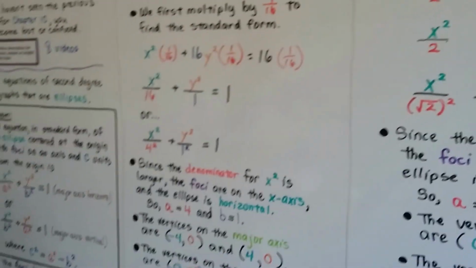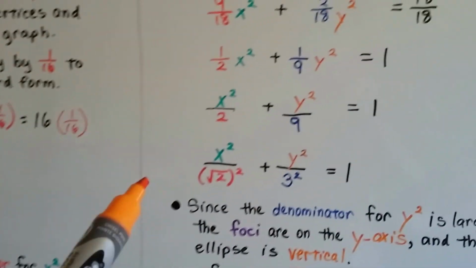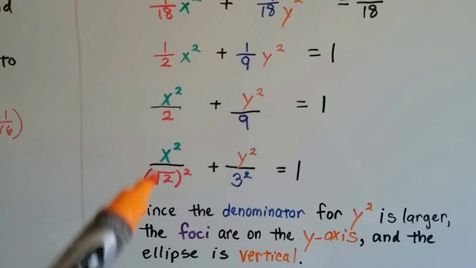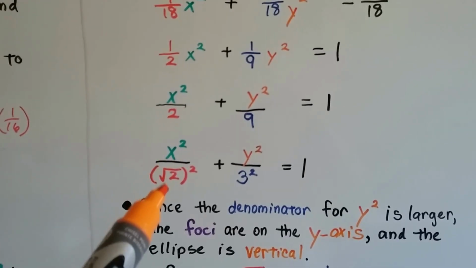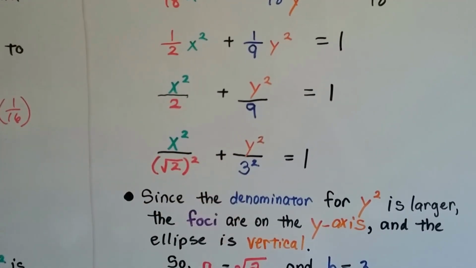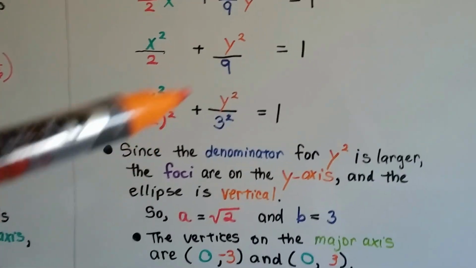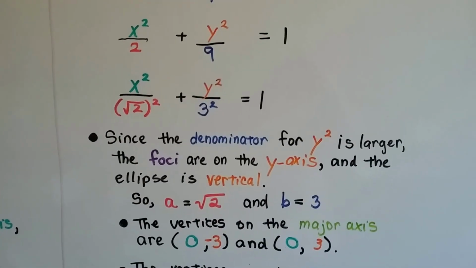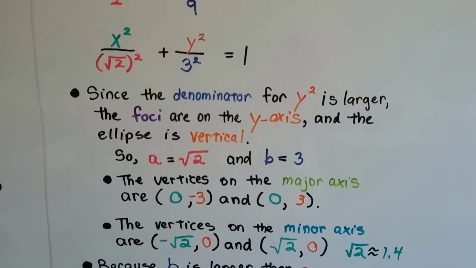And following our equation from our theorem, where the denominators are squares, we need to find the square of 2, so we just write it as the square root of 2 squared, and that is 3 to the second power for the 9. Now, since the denominator for this one is larger, the foci are on the y-axis, and the ellipse is vertical.